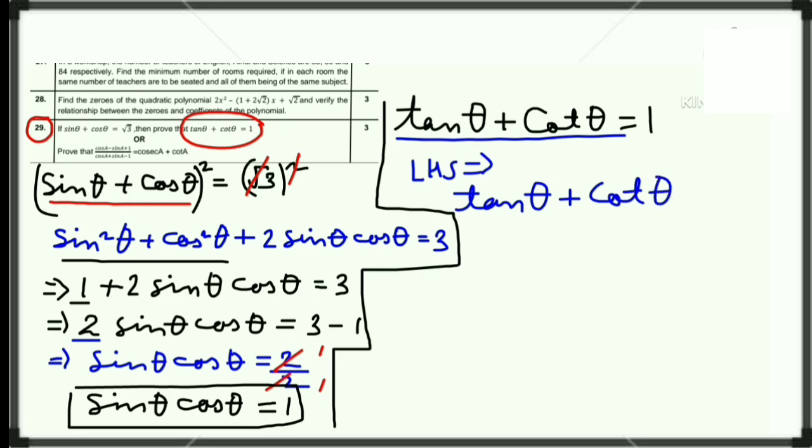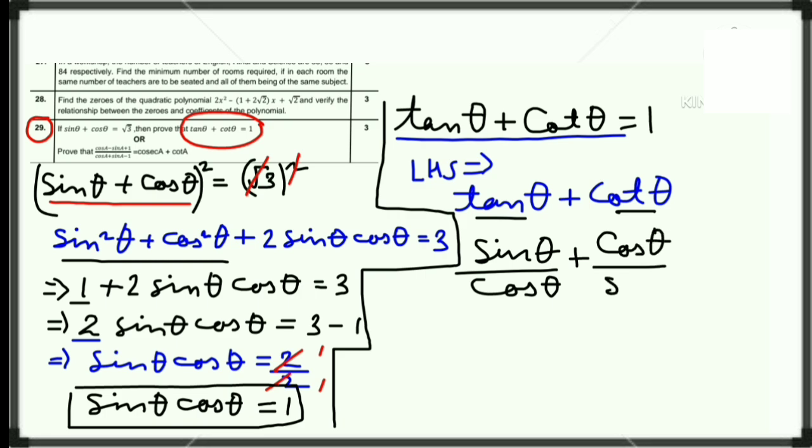Now, this tan theta can be written as sin theta by cos theta. Similarly, this cot theta can be written as cos theta by sin theta.